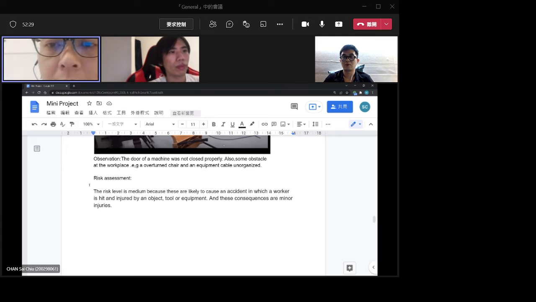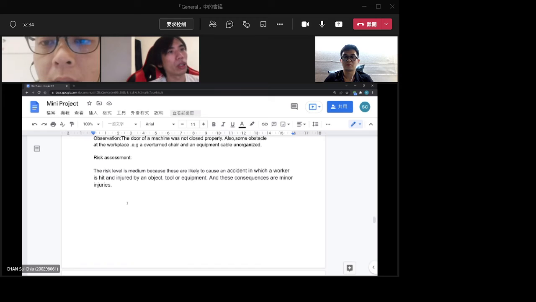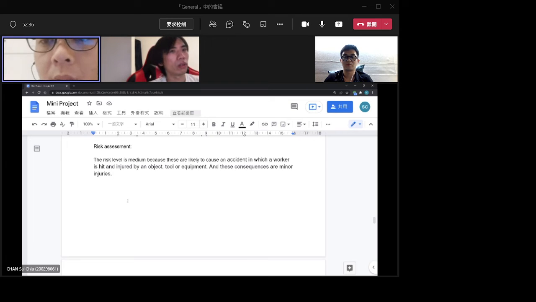Risk assessment. The risk level is medium because these are likely to cause an accident in which a worker is hit and injured by an object, tool or equipment, and the consequences are minor injury.